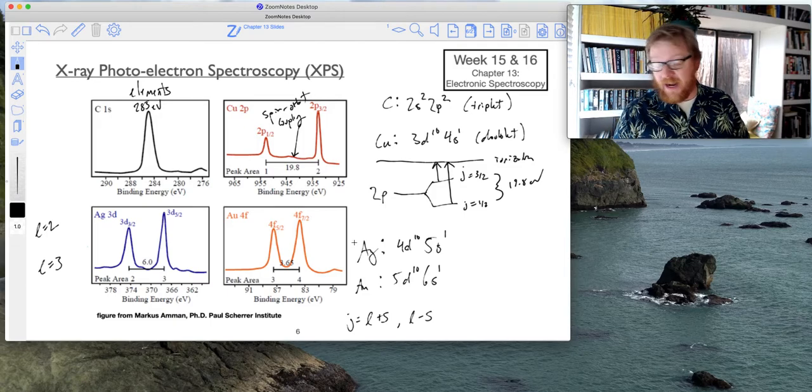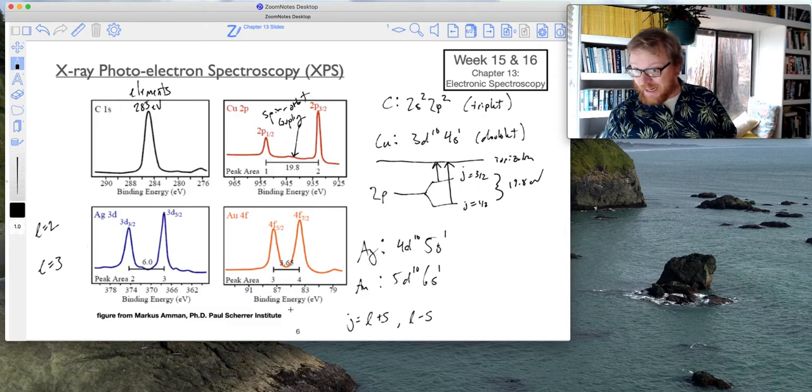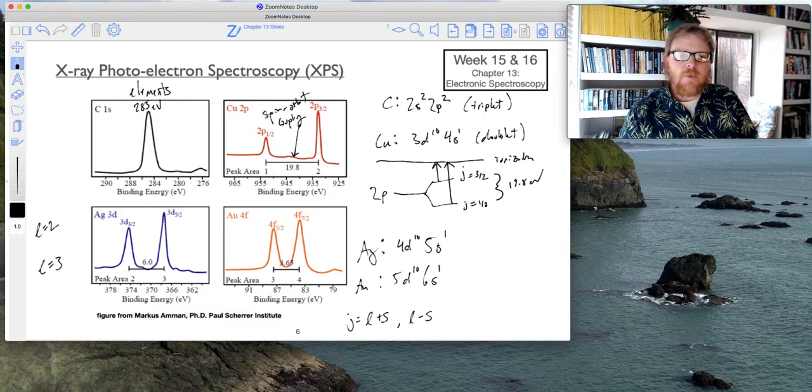So suppose you're analyzing a sample and you don't know what its composition is. When you get doublet peaks like this in this orientation, that will tell you, okay, I'm looking at a doublet state. And then when you calculate from the peak to peak, that's all the spin-orbit coupling constant is, just the difference between the peaks.